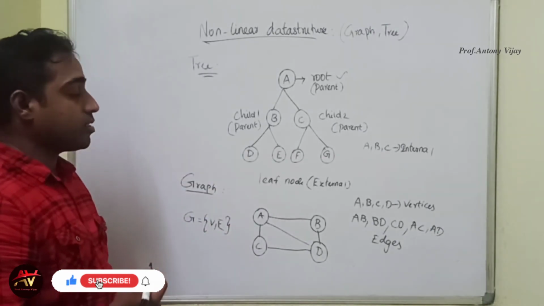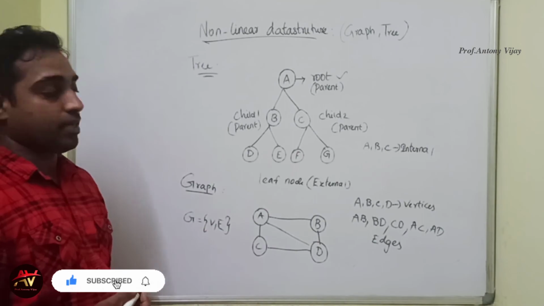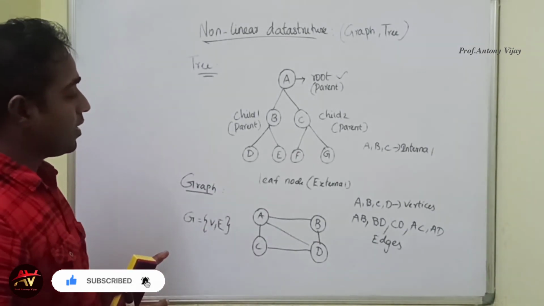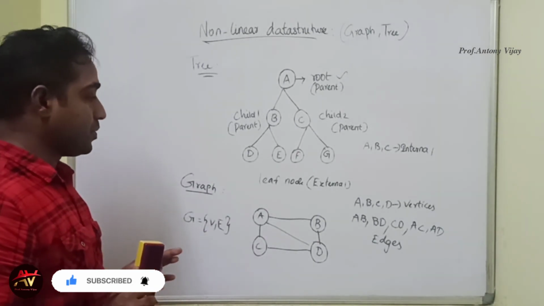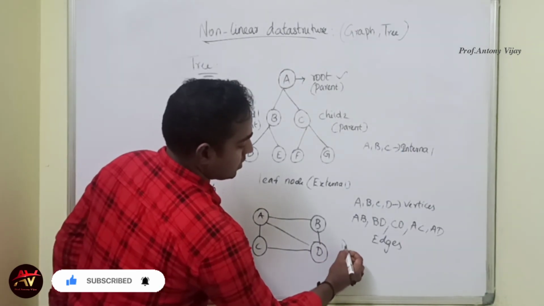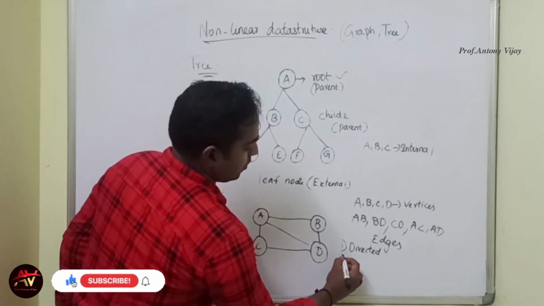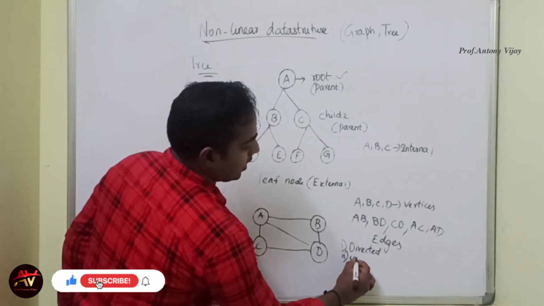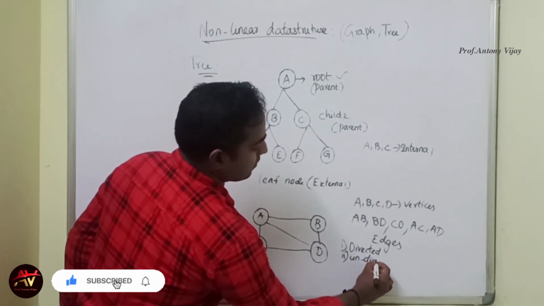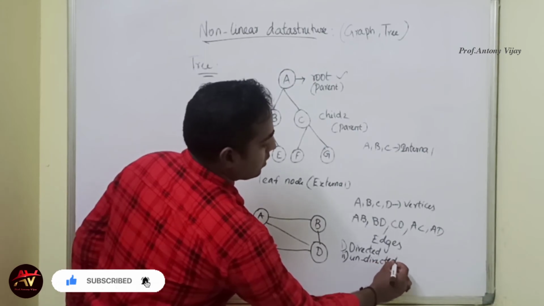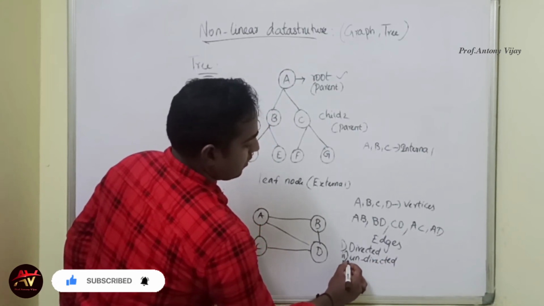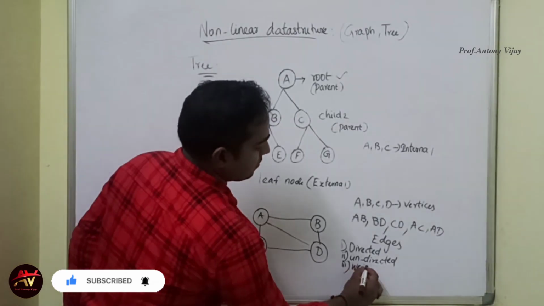This is the general form of a graph. A graph can have three different types. The first one is directed graph, the second one is undirected graph, and the third one is weighted graph.